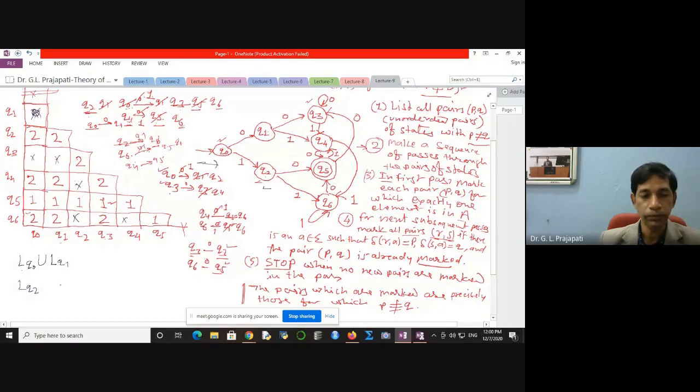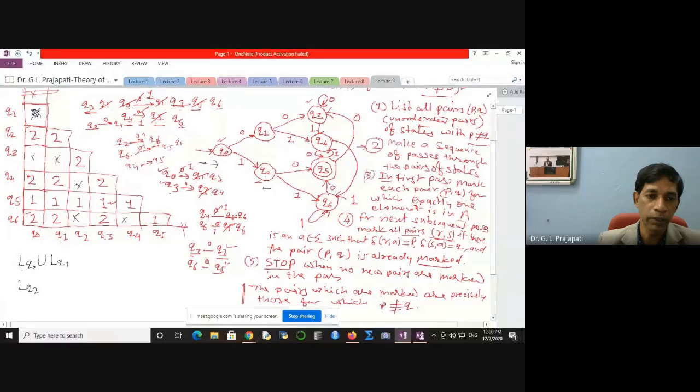Now you can see Q3. Q3 will go to this equivalence class, or to that equivalence class, or it may be in a new equivalence class. How would you know? Q3 will be in the equivalence class of Q0 if and only if Q0 and Q3 is not marked, and Q1 and Q3 should also not be marked.